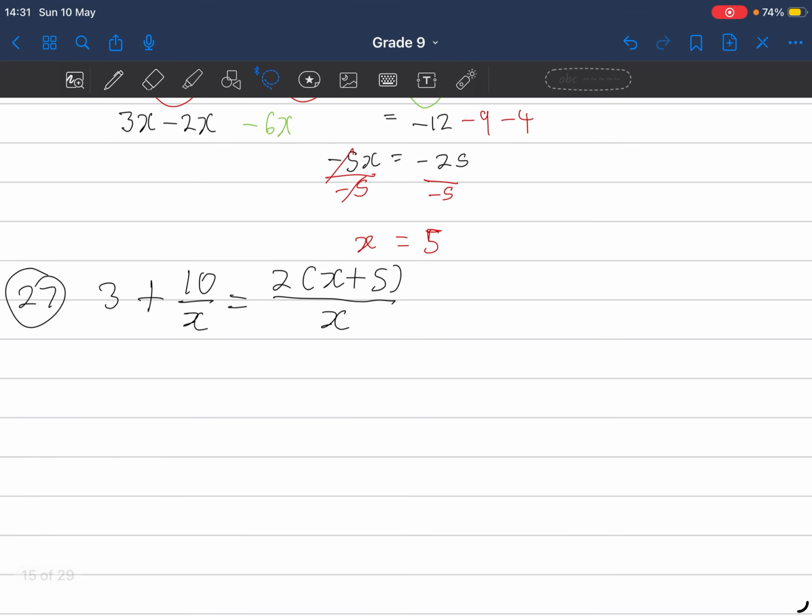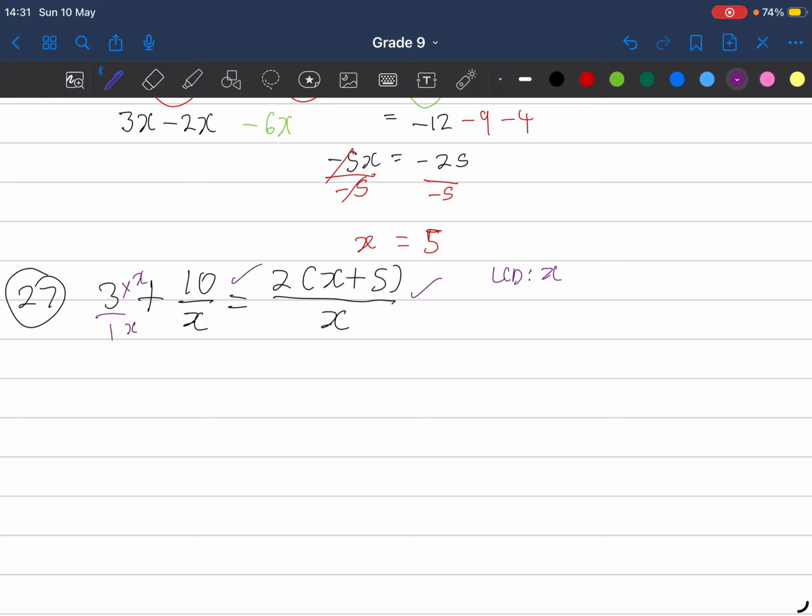Okay, so for this one, our LCD, well, there's nothing to it. Our LCD is just going to be x, because x is what our denominator is. So these two remain the same.